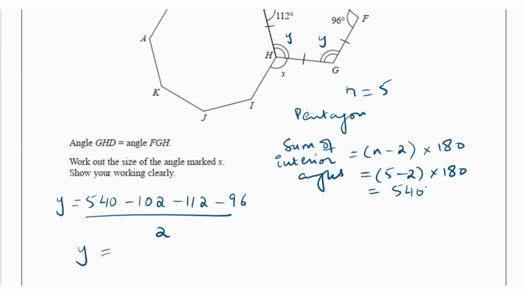So 540 minus 102 minus 112 minus 96 is 230, over 2, which gives us 115 degrees. So this is 115.